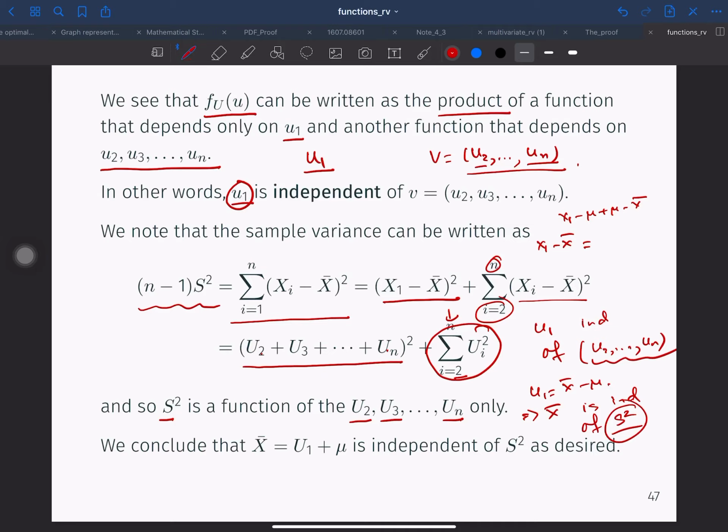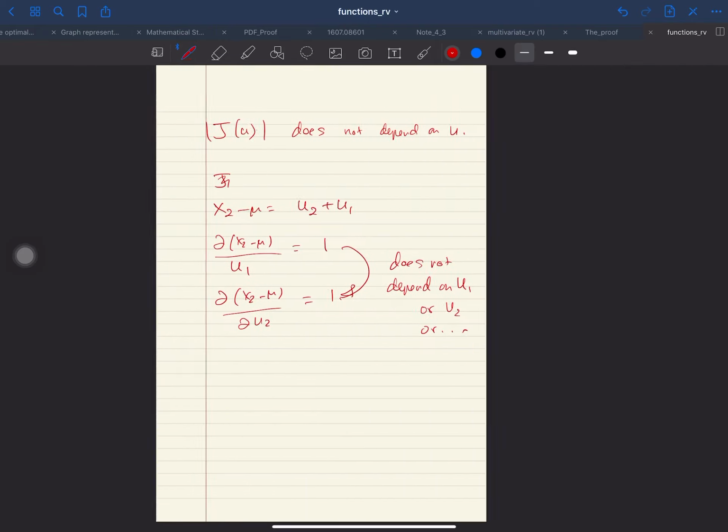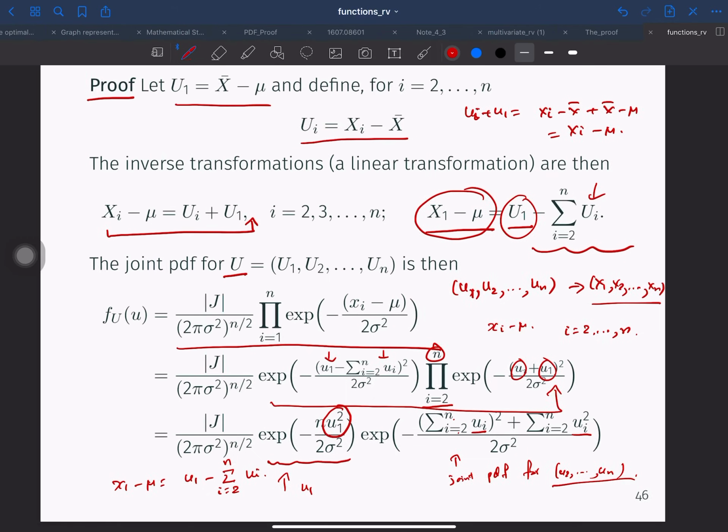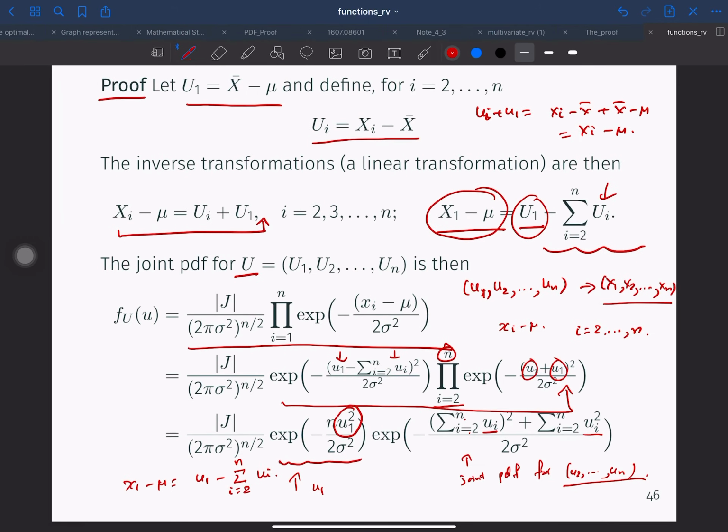So in summary, x bar is independent of s squared, as we claimed. It may look a bit daunting, but at the end of the day, it is nothing more than a simple argument in terms of the multivariable Jacobian.